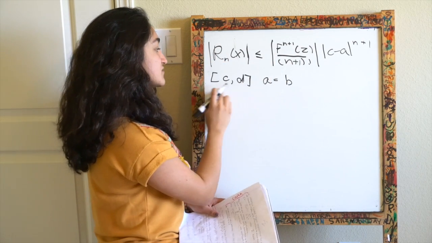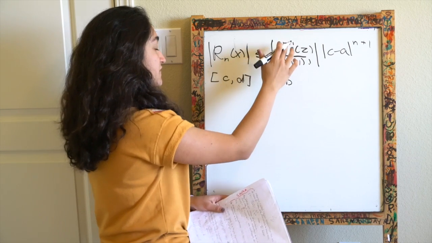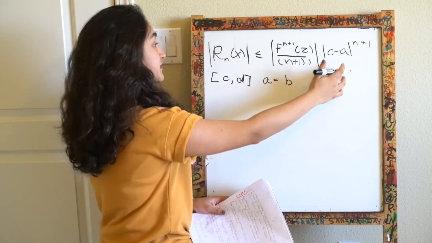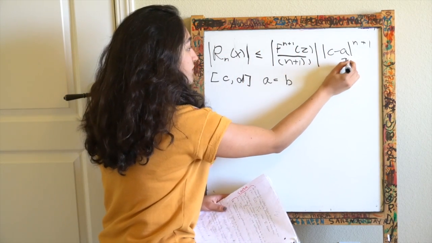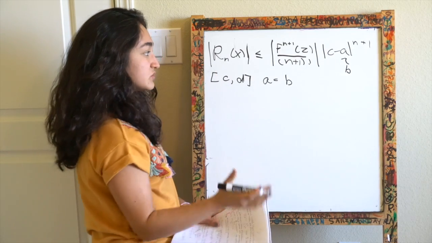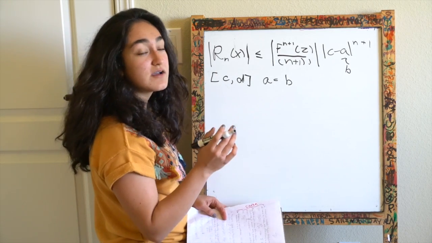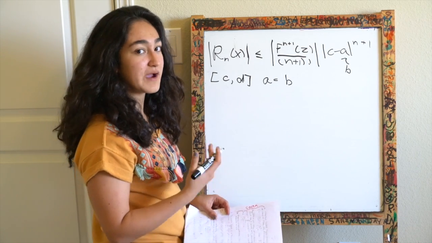Based on the interval that we're given, we want to plug in the value into f of n plus 1 to maximize it, and the same for x minus a to the n plus 1 to maximize it. And a again is the value that is given to us. So using this formula, we can find out how close our approximation is to the actual summation of the power series.